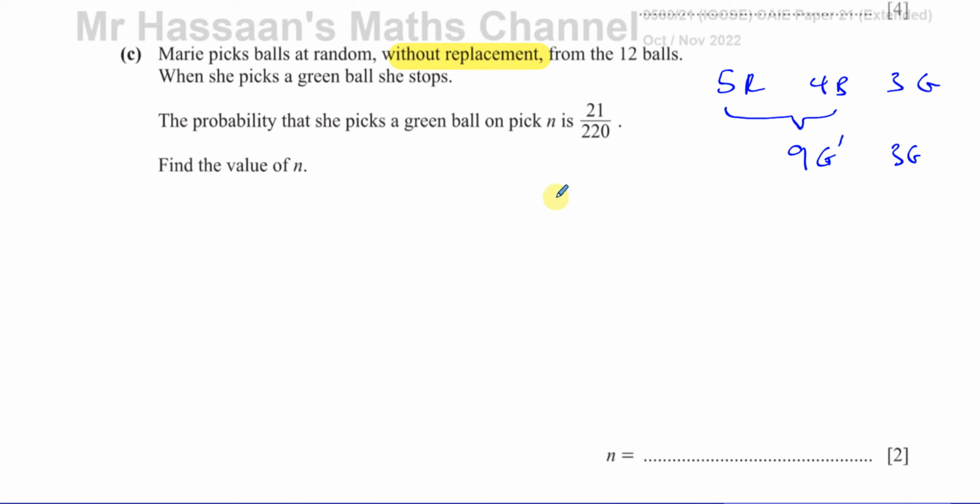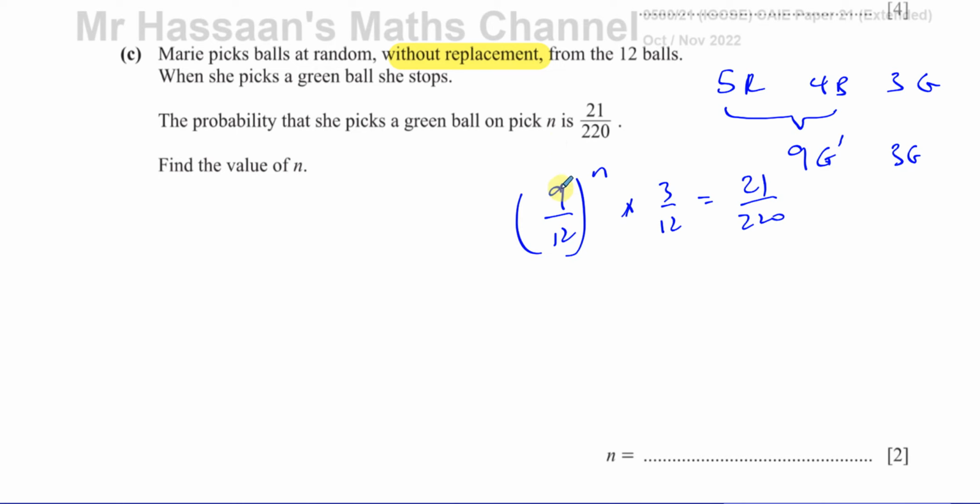Then you basically have 9 over 12 to the power of n times 3 over 12, and that's equal to 21 over 220, and that would give you your answer for n. You could work out your answer using the laws of indices or whatever. It will be something like this.